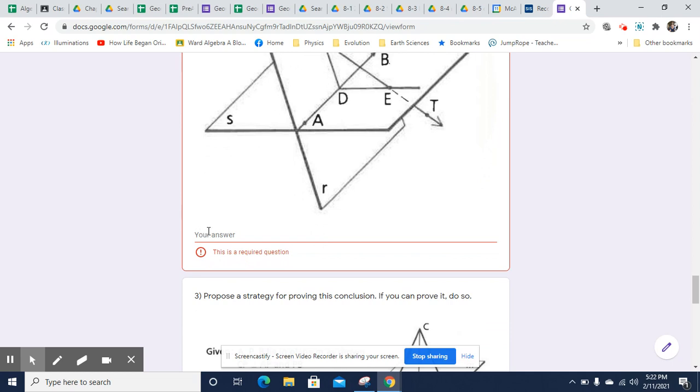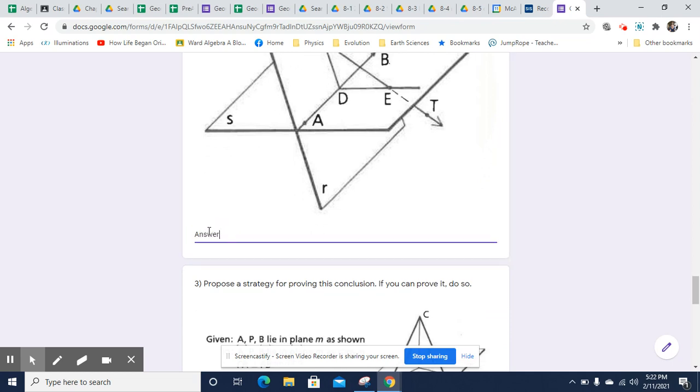So you have a few options. I'm going to just say answers will vary. Pick three coplanar and one non-coplanar point, and you are good.